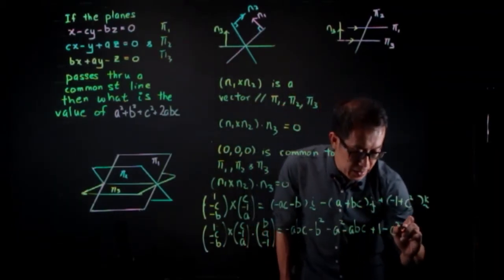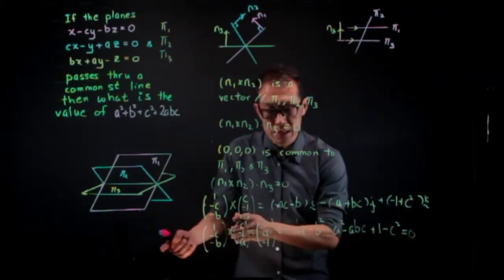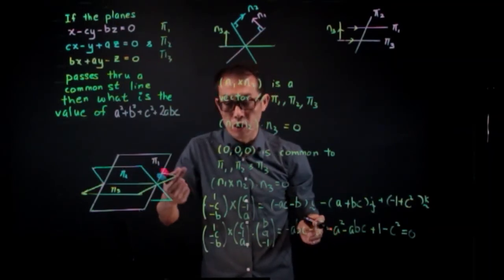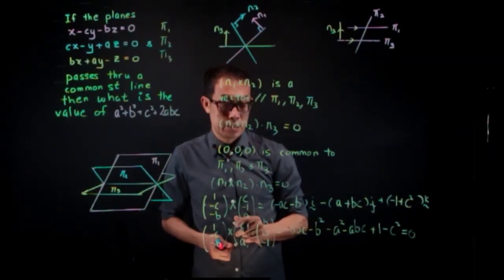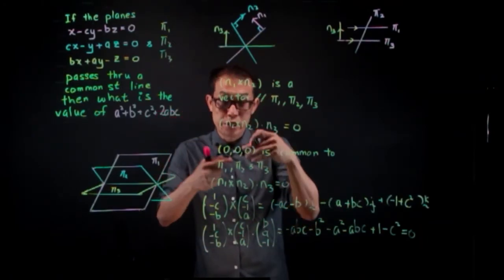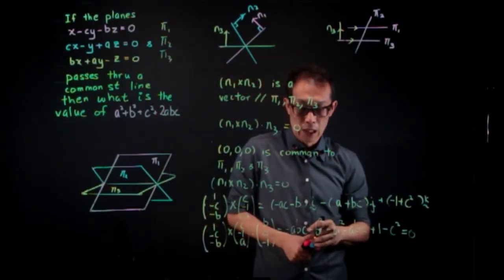Now this must equal 0 because there's a common line and a common point between these three planes, which I have already explained earlier on.